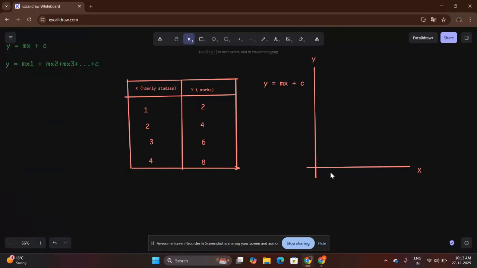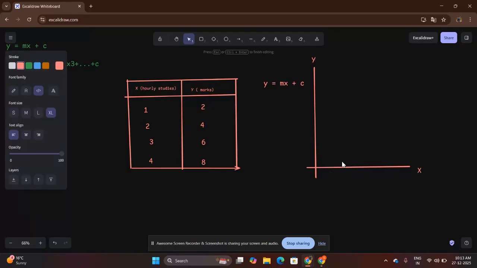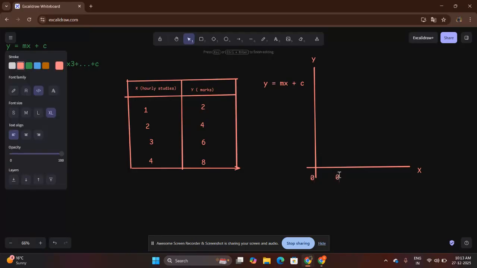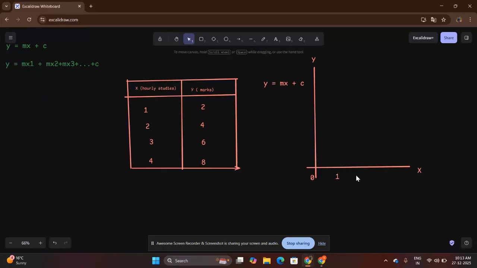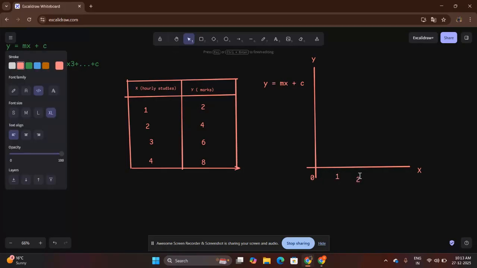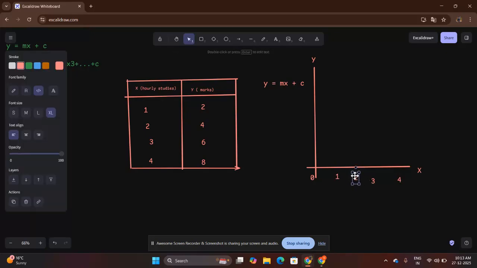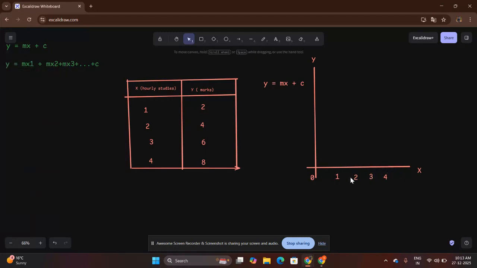Over here these are the points 0, 1, 2, 3, and 4. I'm arranging it in a single line.